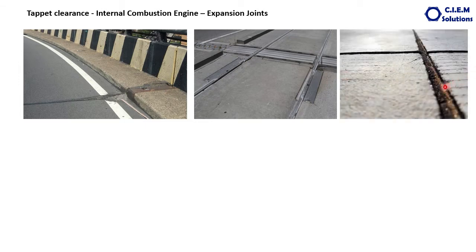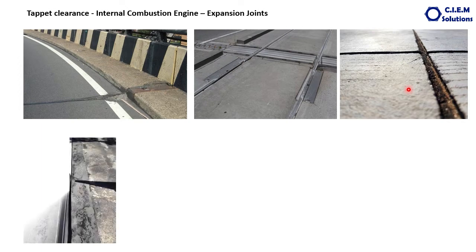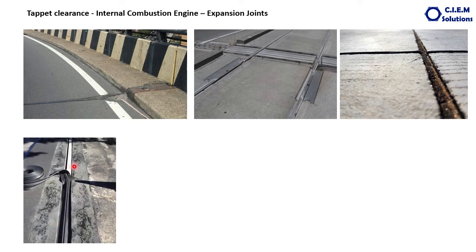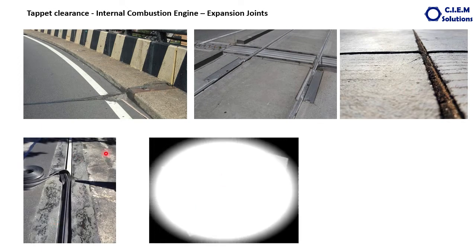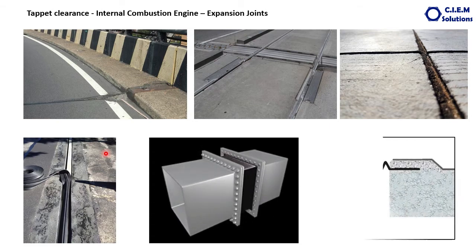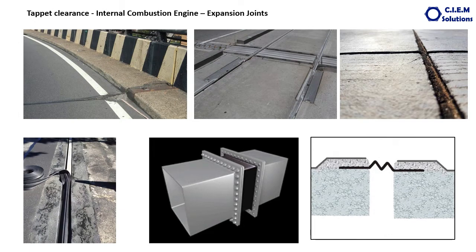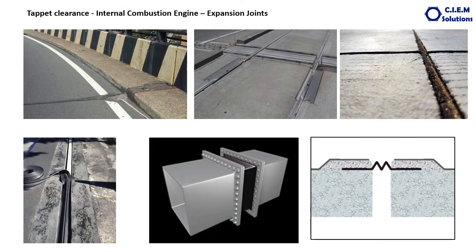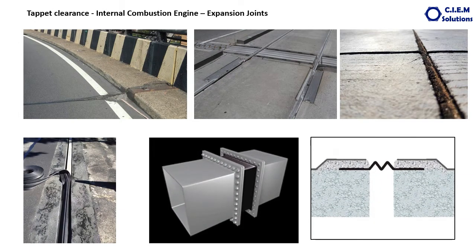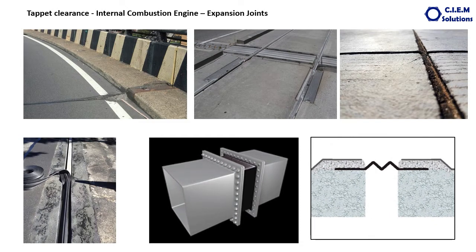This is another expansion joint between the concrete blocks. It may be a road, it may be a roof slab, whatever it may be. This is also another expansion joint. The whole purpose of all these expansion joints is to take care of the change in the dimensions of the particular material or matter, which occurs due to the change in temperature.